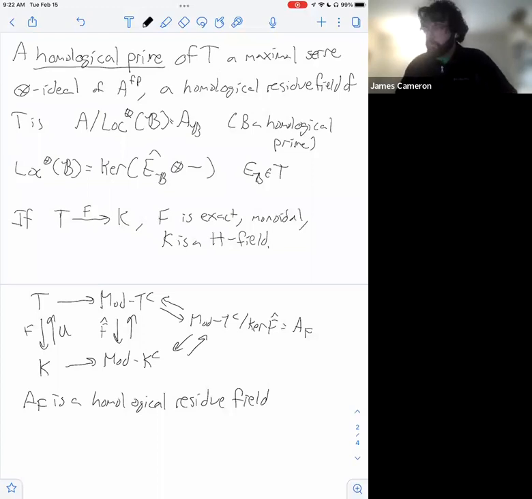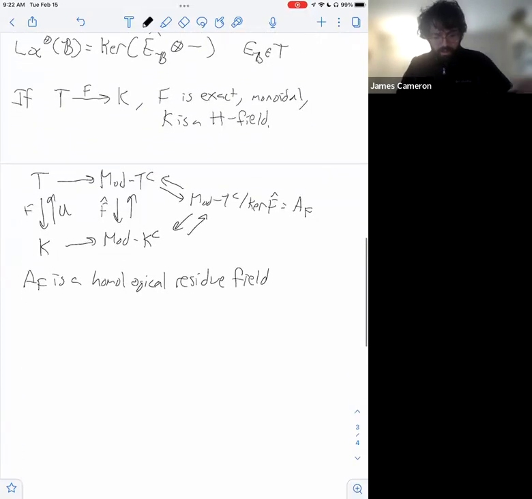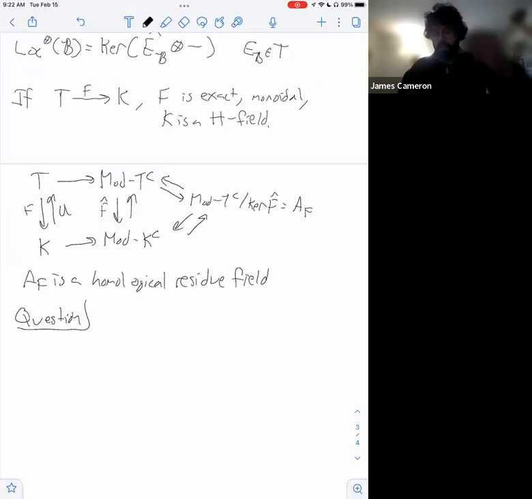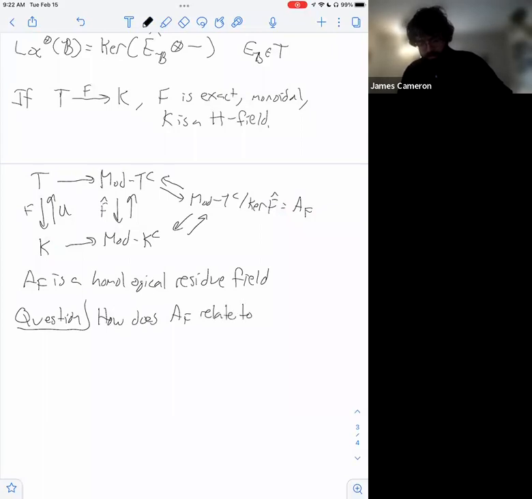Okay, so here maybe the first question you might ask would be, what's the relationship between this homological residue field and this tensor triangulated residue field? So how does this relate to your residue field functor here?